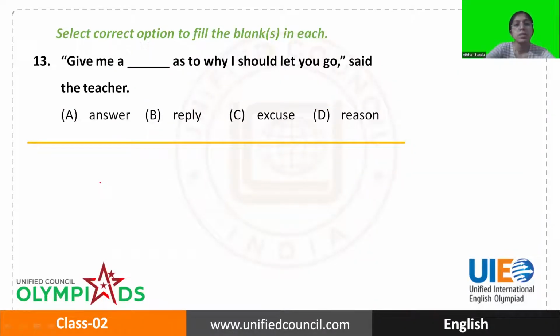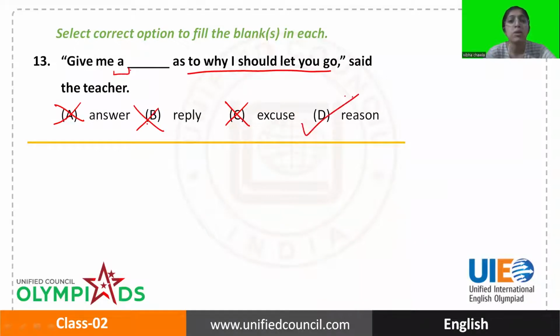Next one, question number 13. Give me a blank as to why I should let you go, said the teacher. So, the teacher is basically asking for the reason why I should let you go, right? First of all, see, give me cannot be used with answer or excuse. Reply is anyway incorrect. Give me a reason.